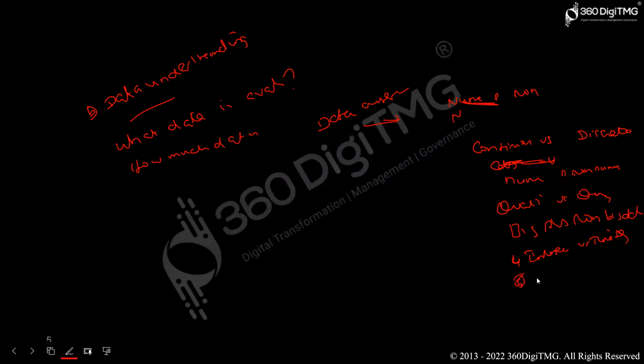And we have live streaming versus batch data. Continuous versus discrete data, qualitative versus quantitative, balanced and imbalanced.